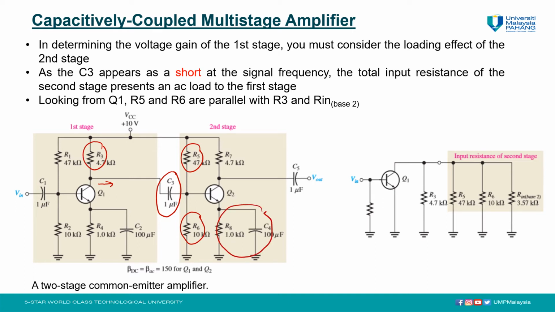So we can redraw this circuit into this AC equivalent circuit, where R3 is parallel with R5, parallel with R6 and R in base 2. So this is actually the input resistance of the second stage.